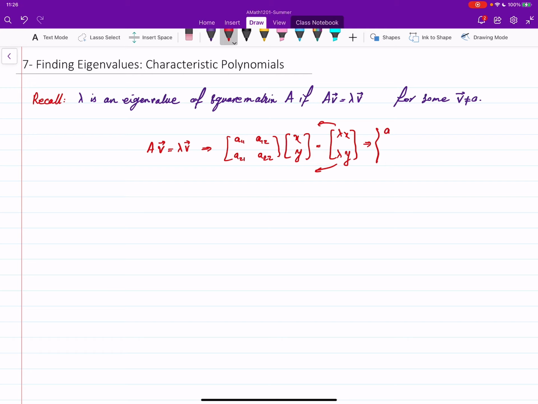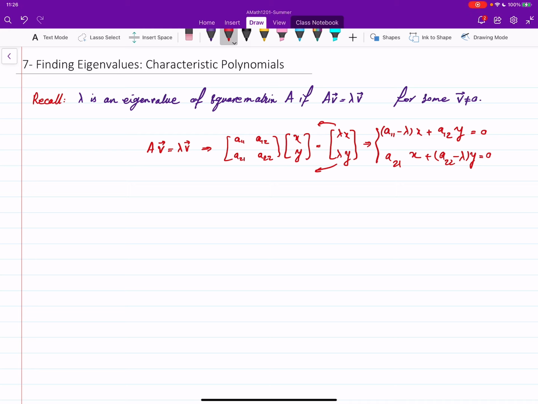So what I will get is (a11 minus lambda) x plus a12 y equals 0, and a21 times x plus (a22 minus lambda) times y equals 0.